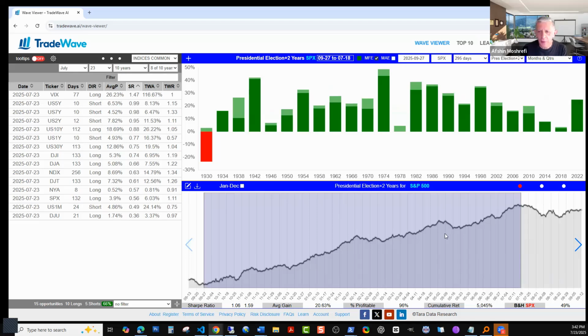Okay. So what is a simple trading strategy that I use? Now, TradeWave is not a trading strategy. TradeWave is a set of raw material, a whole bunch of historical studies that goes back, in this case, 100 years, that you can use in order to either create your trading strategy or you can enhance your existing trading strategy, which is how some of the professionals that use TradeWave are using it.